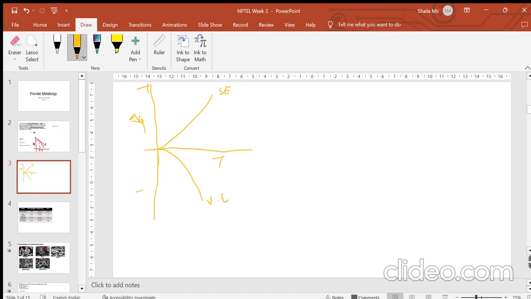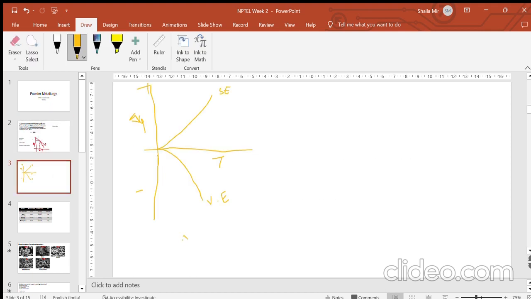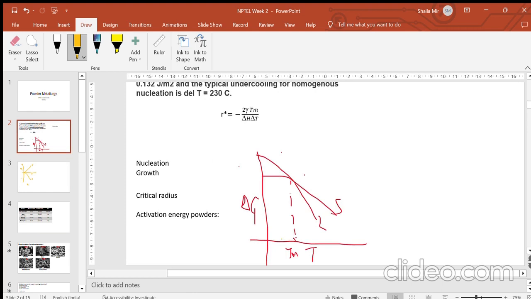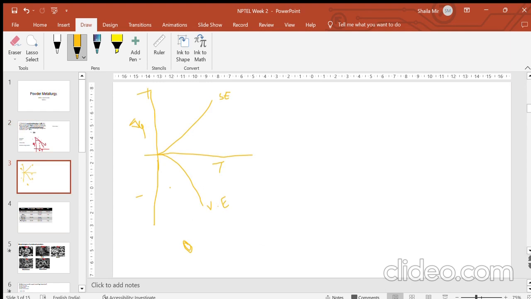So we have two energies competing with one another to form a nucleus out of a solid. The nucleus will be formed only if we have a temperature lower than the melting temperature, and second, we must have certain surfaces being created for the new particle. This balance between the two gives us the total Gibbs free energy.